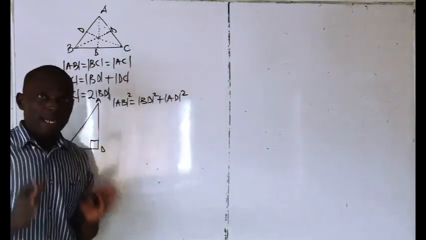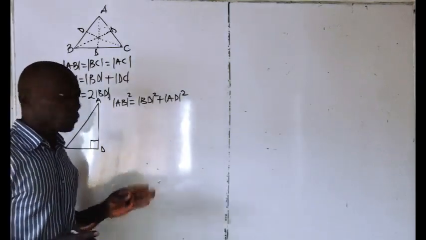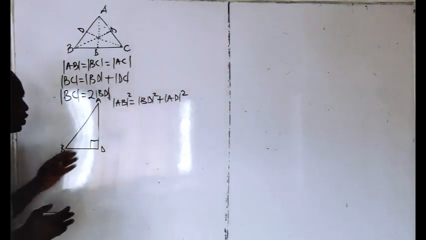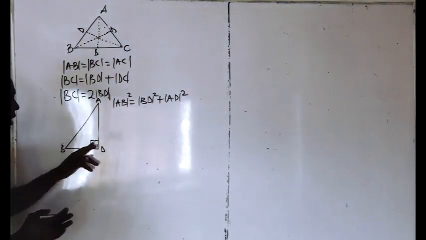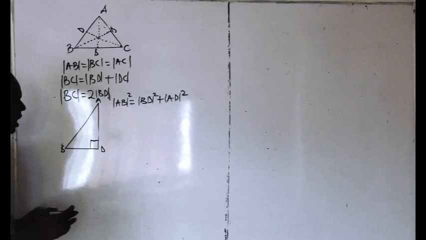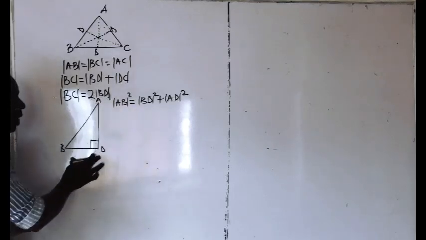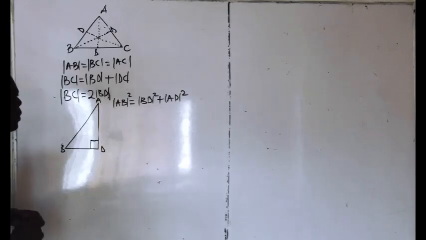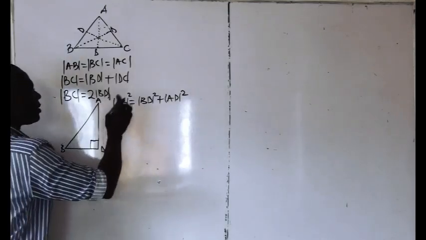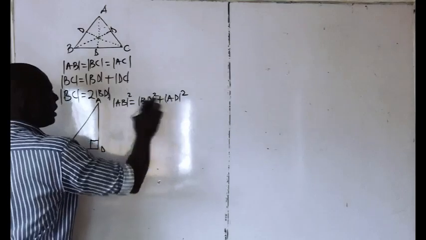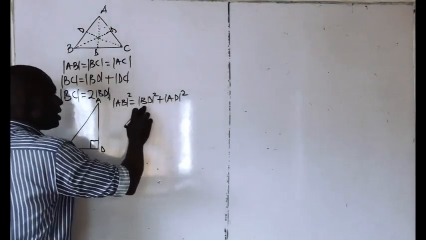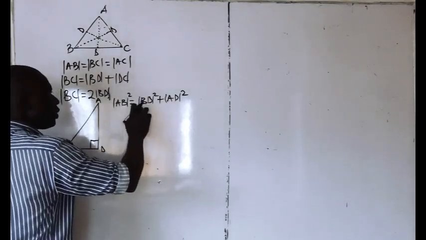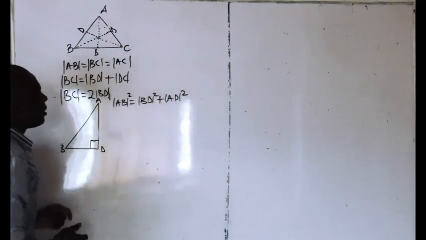Once you have a right angle triangle, the square of the hypotenuse, the side facing the right angle, is equal to the sum of the squares of the 2 other sides. So AB square is equal to BD square plus AD square.